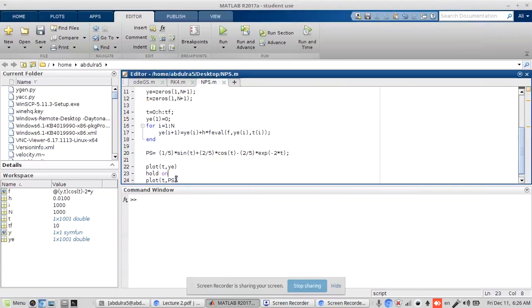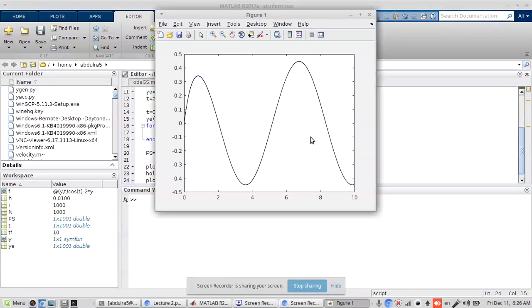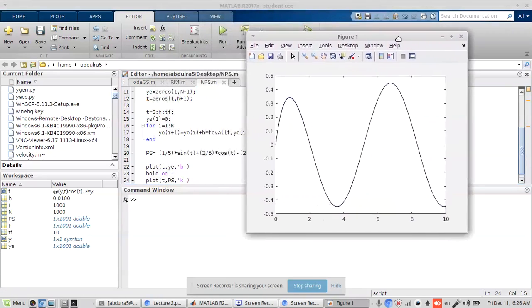And let's make it obvious by color: this is black, and this let's make blue, and see whether there's a difference between the two solutions.